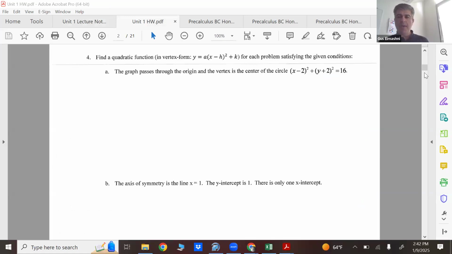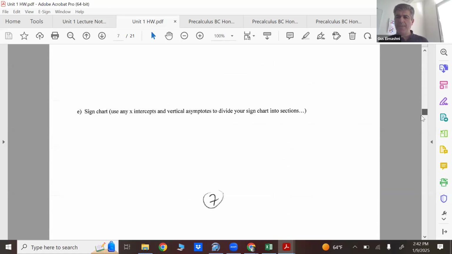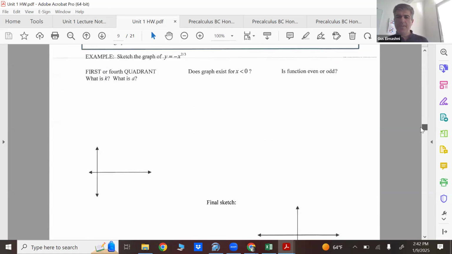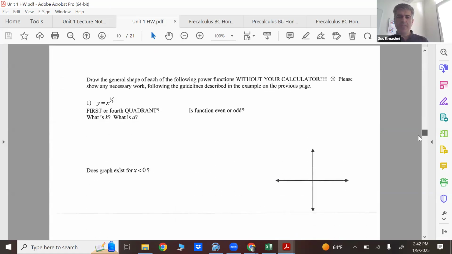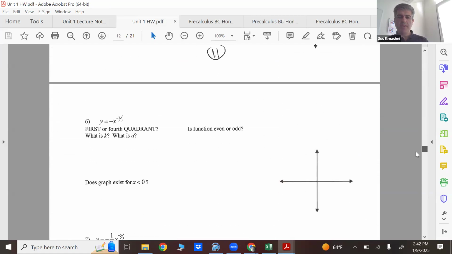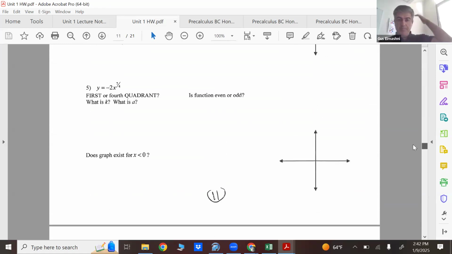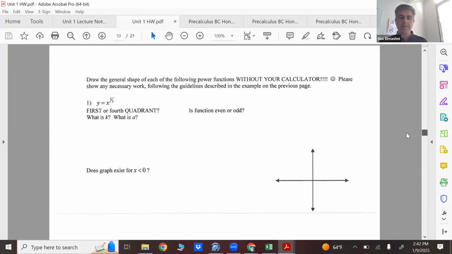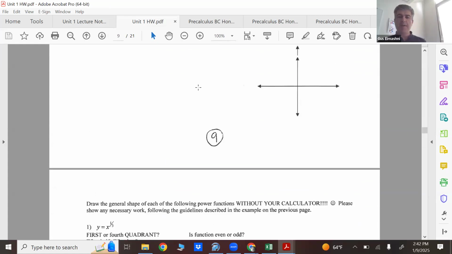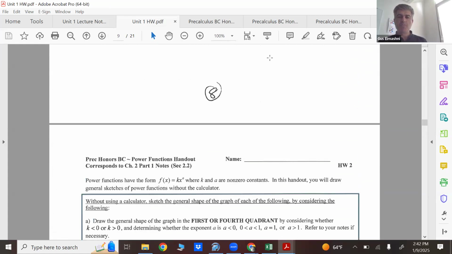You're going to be working on pages 9 through 12. So 8 problems, 1 through 8. That's what you guys are doing today. And the answer key's up in schools. You can check it out.